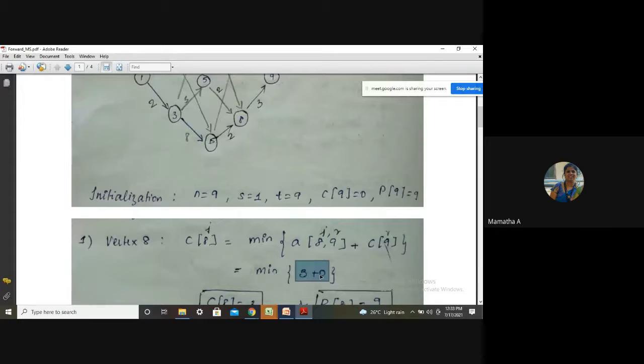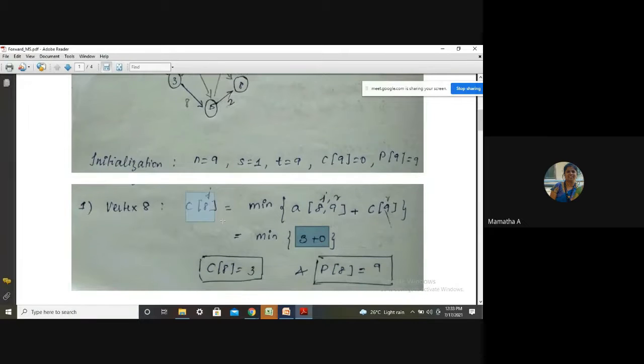So the updated value of C of 8 is now only 3. If there were two edges, then out of those two, I should select the minimum. Right now there's only one edge for me. So C of 8 is equal to 3, and P of 8, P of J equals R, is reached via the vertex R. And what is my R? It is 9. So I write that here.